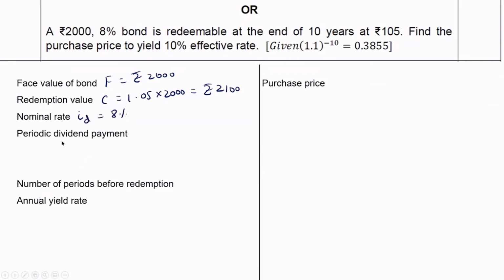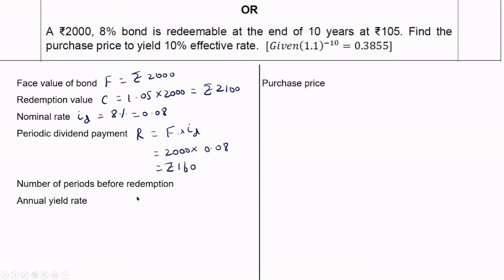So the periodic dividend payment R is given by F into ID, the face value into the nominal rate. 8% is 0.08. So it is 2000 into 0.08, rupees 160.